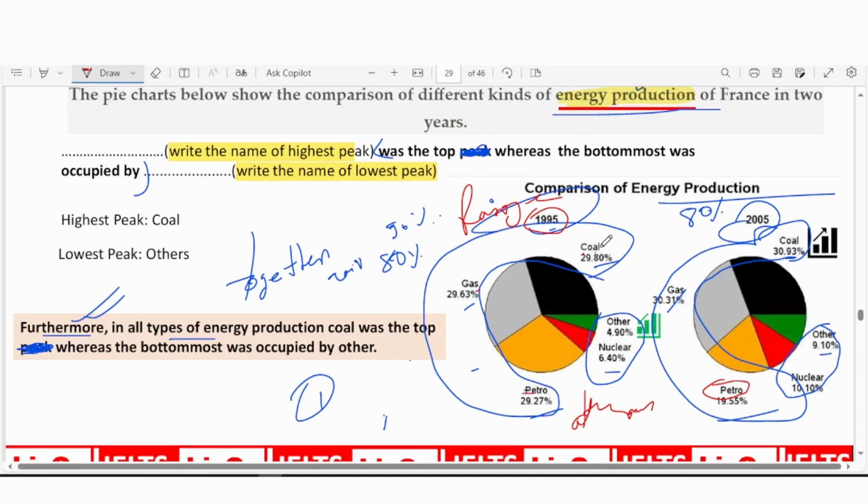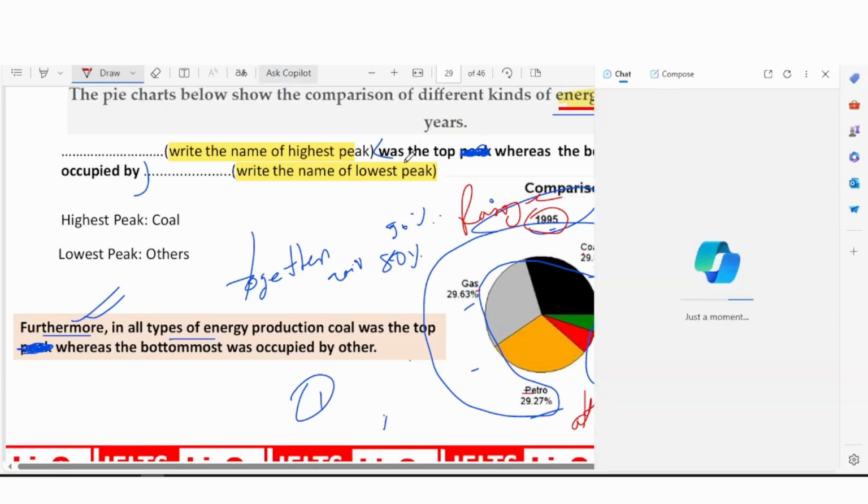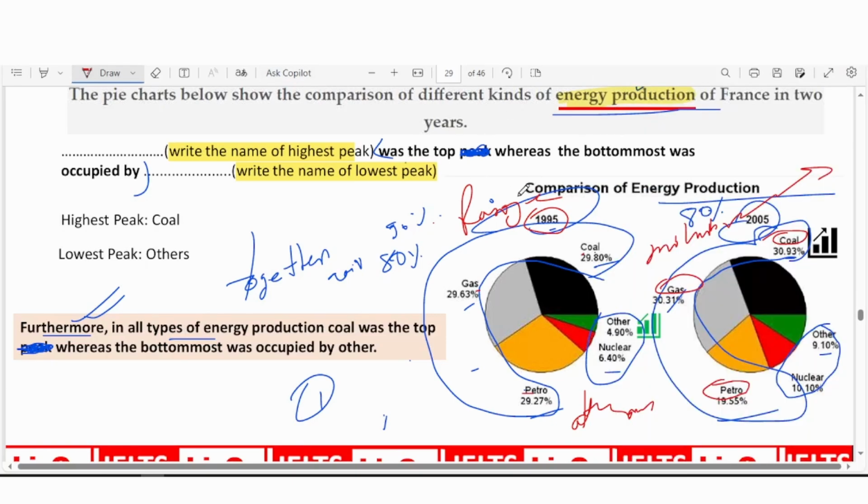You can say coal, gas and petrol were nearly the same in 1995. Gas and coal maintained a similar rate of increase, although, even if, however, petrol decreased enormously. Done. Amazing. Your writing task 1 is done, body 1, body 2.